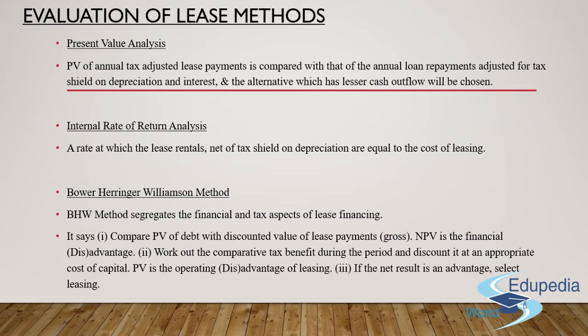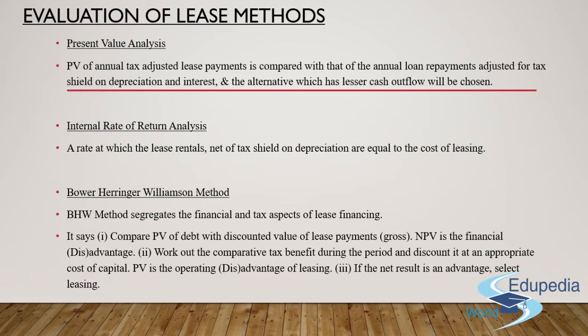You need to compare that with the repayment amounts you would make if you had gone for the borrowing option, after adjusting your taxes on depreciation and interest, and whatever else you are paying. Whichever alternative, lease rental or borrowing, involves the lesser cash outflow will be chosen. So this is the present value analysis.